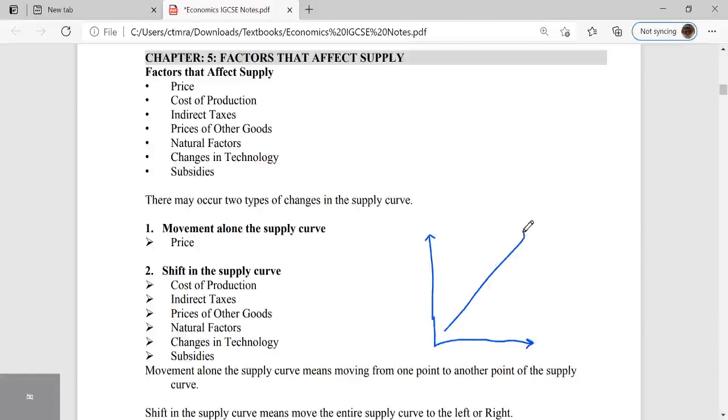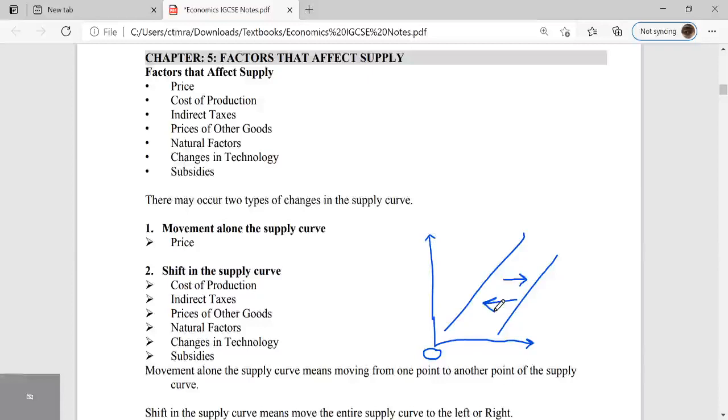When the supply curve shifts to the right, which is away from zero, supply is rising, and when it gets closer to zero, supply is falling. So a leftward shift means a fall in supply. A change in price leads to movement, and non-price factors lead to shift.